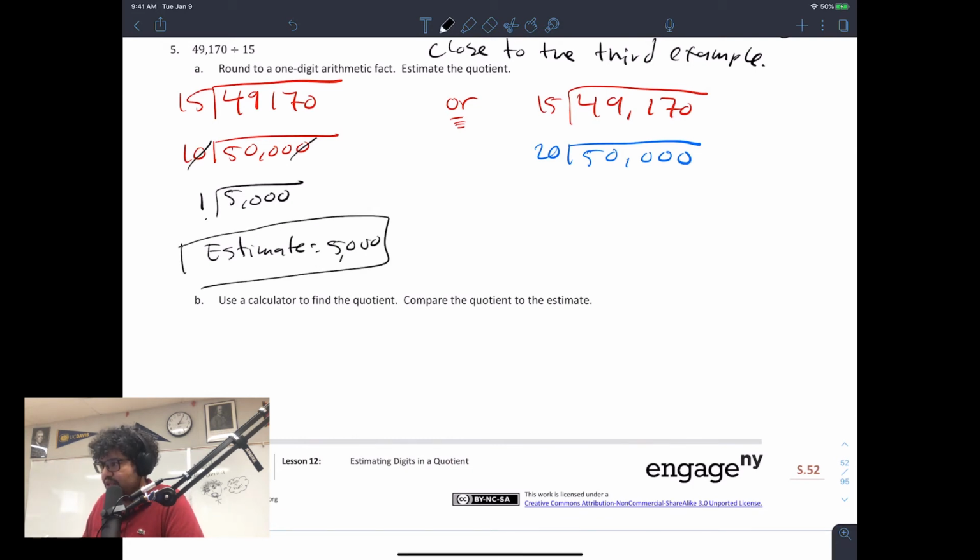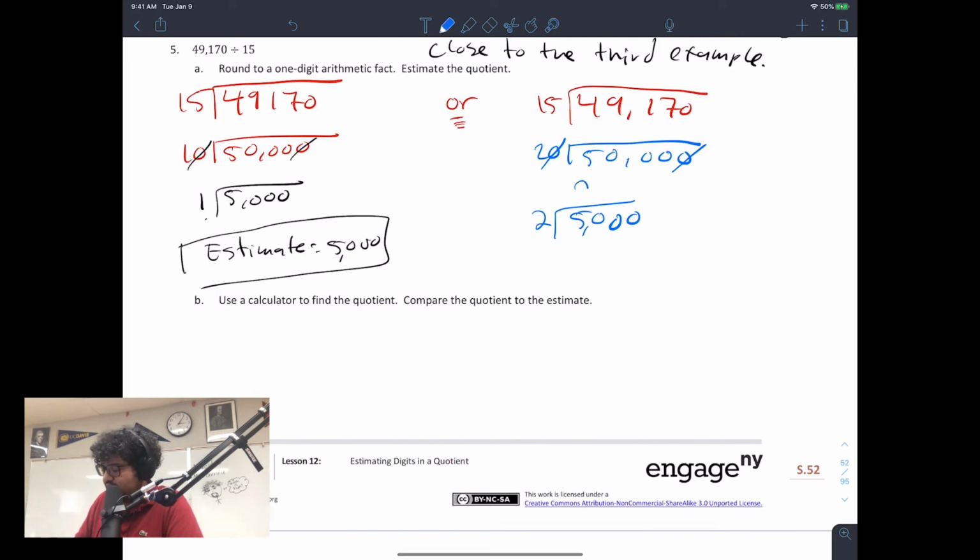Now let's look at the right side. Again, this 0 and this 0 can be eliminated. So then I'm going to have 5,000 divided by 2 this time, not by 1. So how many times can you fit this 2 into the 5?